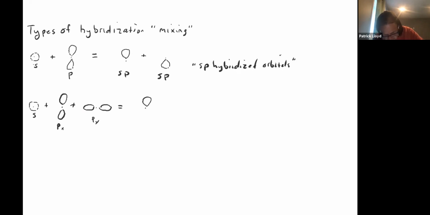So there's one, and this one comes down here, and then you get a third one, which is like that. And we're going to call them sp2. Remember, that little dot there is the nucleus of the atom. Okay, so I just want you to remind yourself of that. That's the nucleus.